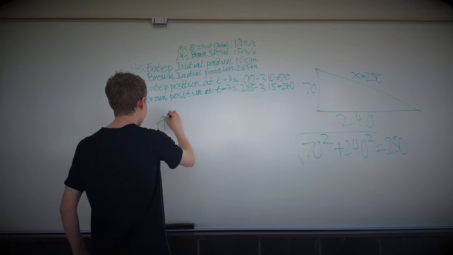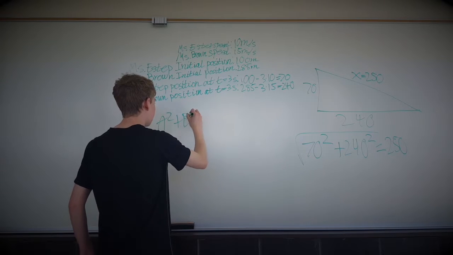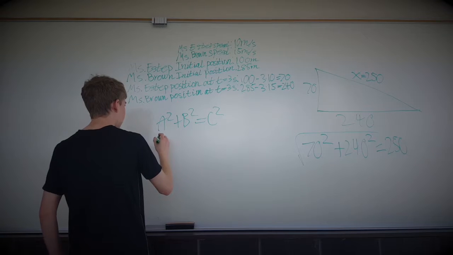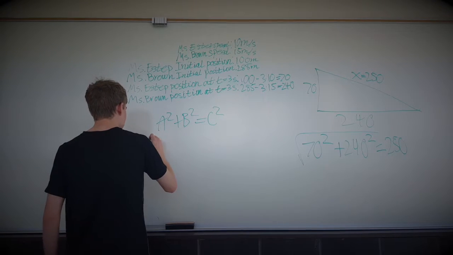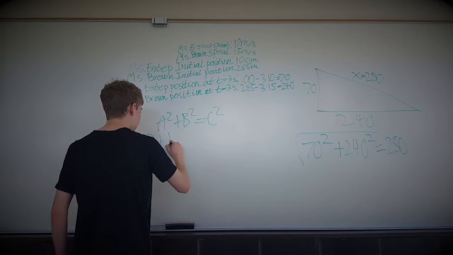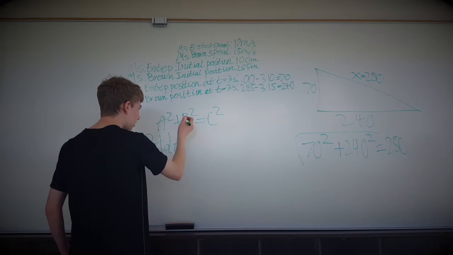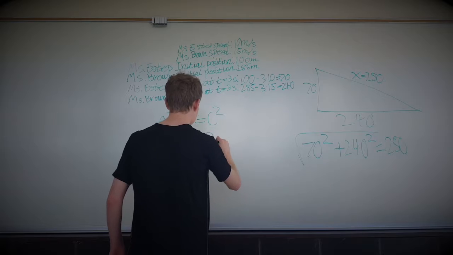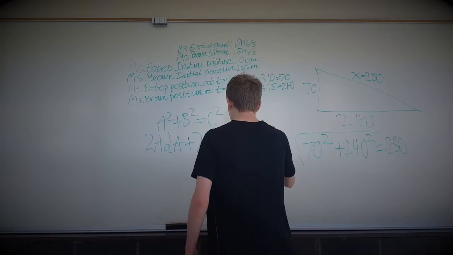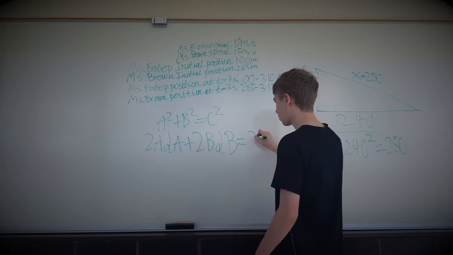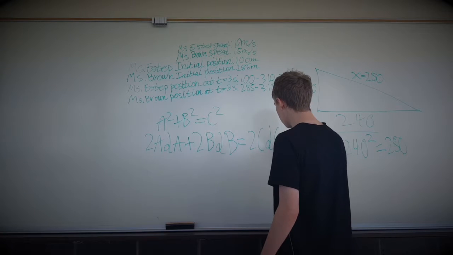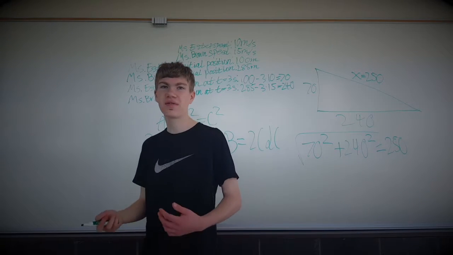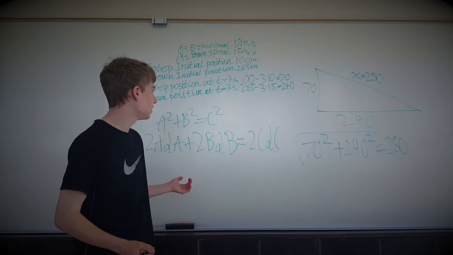So we have a squared plus b squared equals c squared. We take a squared, the derivative is 2a dA. And that's going to be the same for all of these. So, we know all the variables except dC.